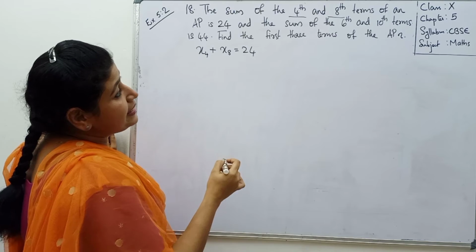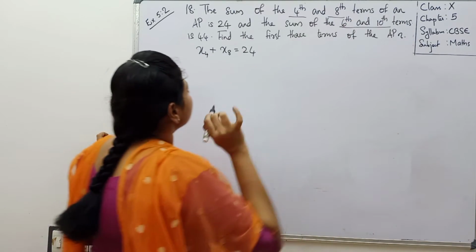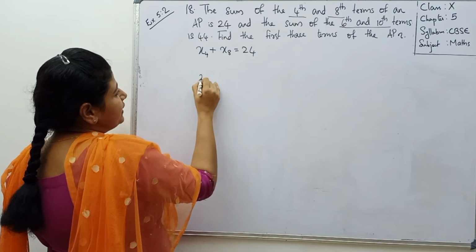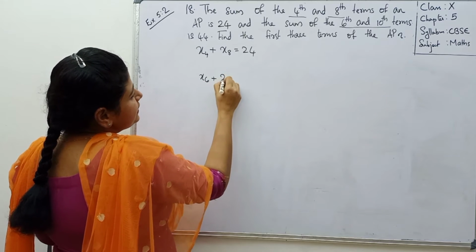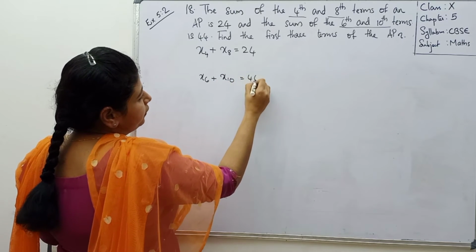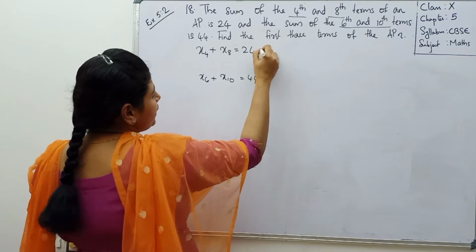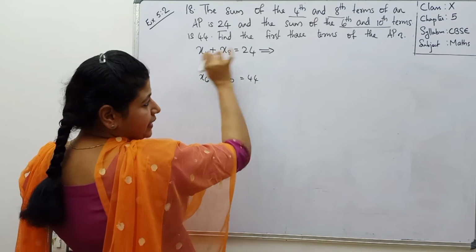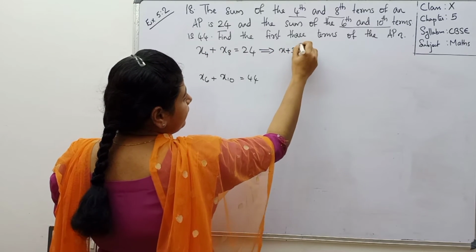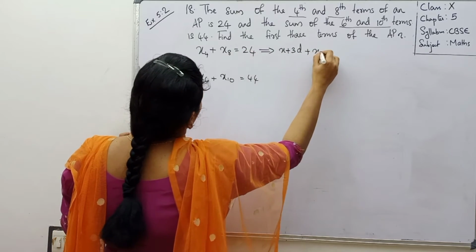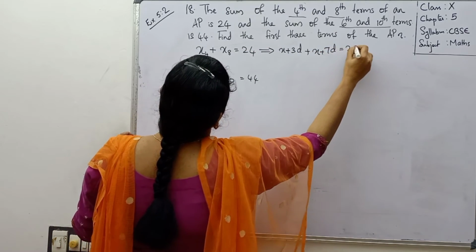Okay. Then, sum of 6th and 10th term is 44. We can write 6th term plus 10th term equal to 44. Now we can write x4 means x plus 3d plus x8 means x plus 7d equal 24.